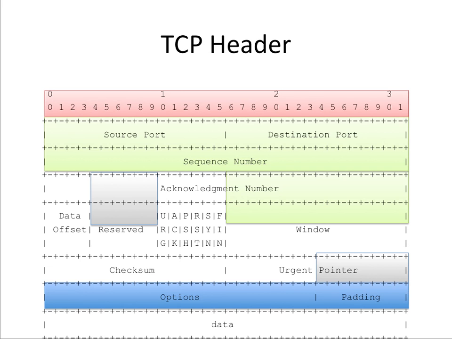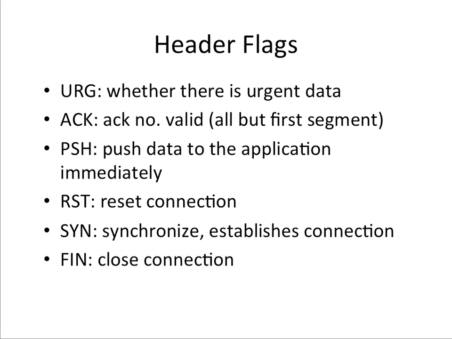There might be a different type of packet that says we're going to terminate the connection. It's a different type. You're going to set one of these flags to 1 to indicate the type of the packet. Are they mutually exclusive? They're not. You can have multiple flags set. These are some of the flags.